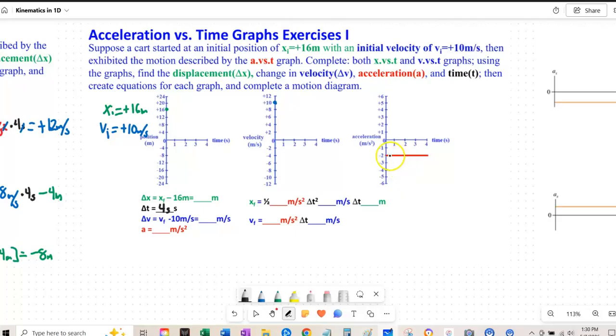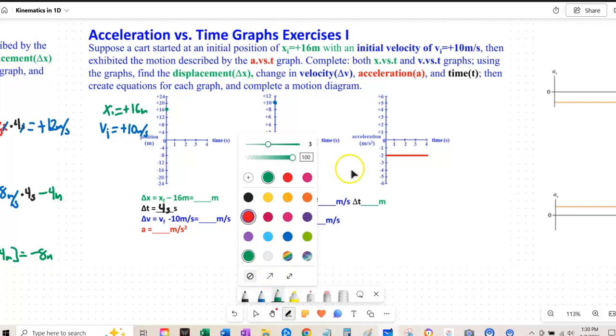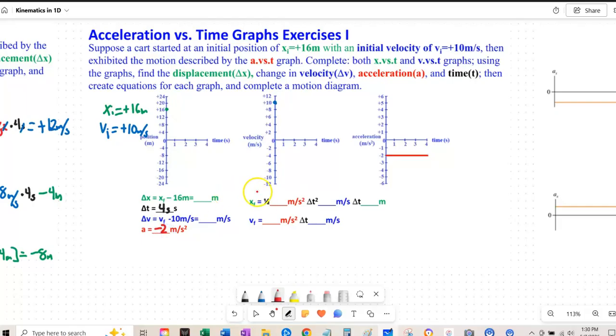So this velocity versus time graph is going to be dropping by 2 for every second. So we could actually figure out just from the graph and this information what our final velocity can be. But let's fill in the acceleration stuff right now. So we know the acceleration from that graph is -2 meters per second squared. So I'm going to just put a -2 here, a -2 here, and -2 here.